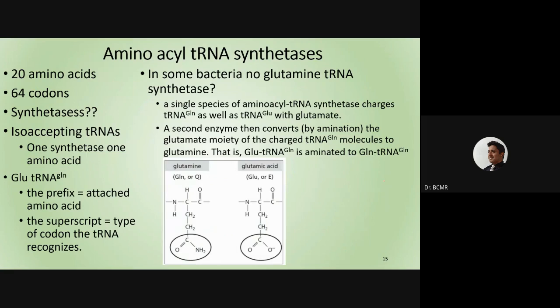Then we also discussed that there are differences. This is what I have started with. 20 amino acids, 64 codons, and then how many synthetases are required. The minimum number required, or typically, is 20 tRNA synthetases. One synthetase can add one type of amino acid, right? tRNAs can be more.